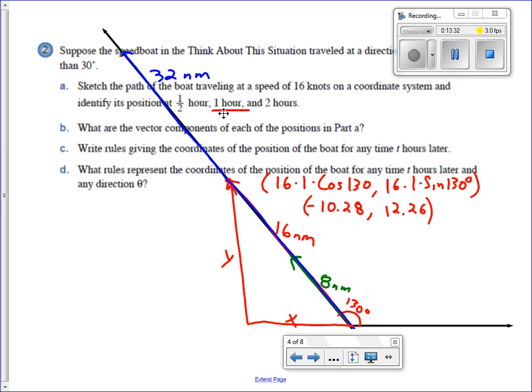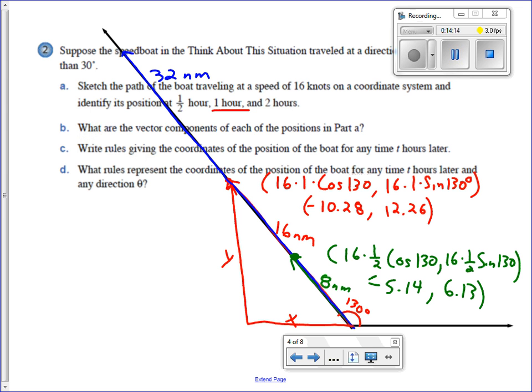When you said that the second vector, or this half an hour vector, was 8 nautical miles long, you got the 8 by taking 1/2 times 16, or 16 times 1/2. Therefore, this ordered pair is 16 times 1/2 times the cosine of 130, and 16 times 1/2 times the sine of 130, which is a negative 5.14, comma 6.13.